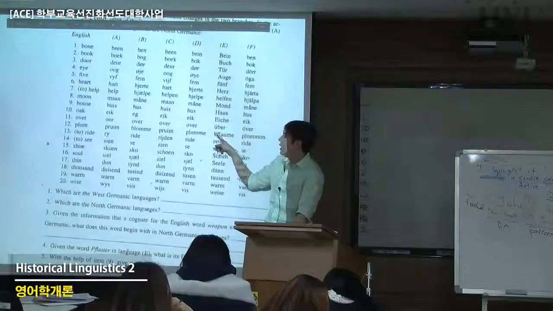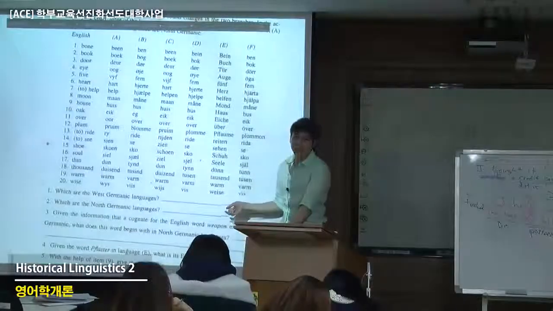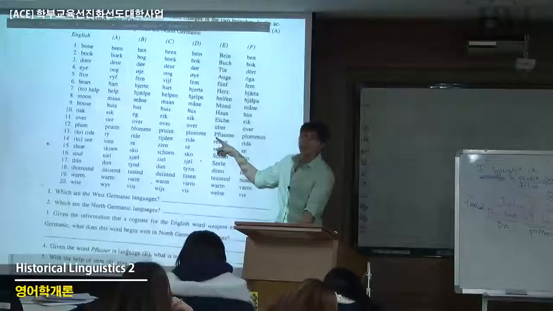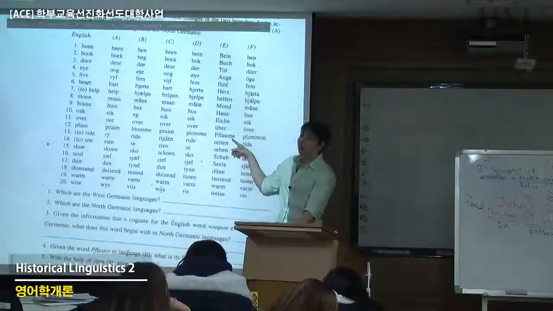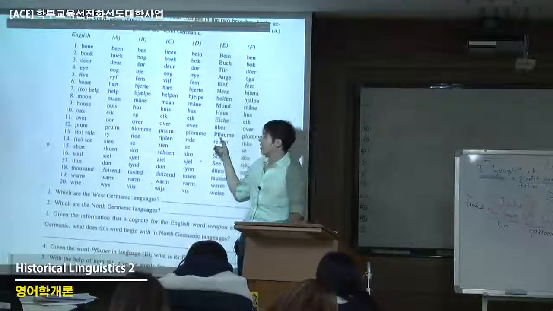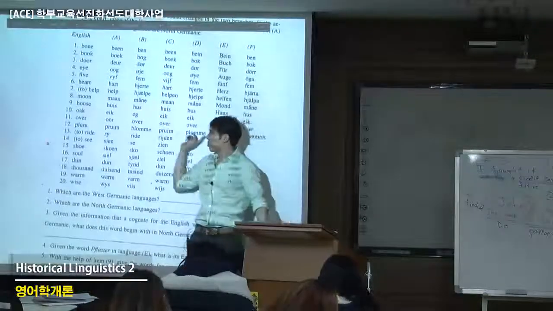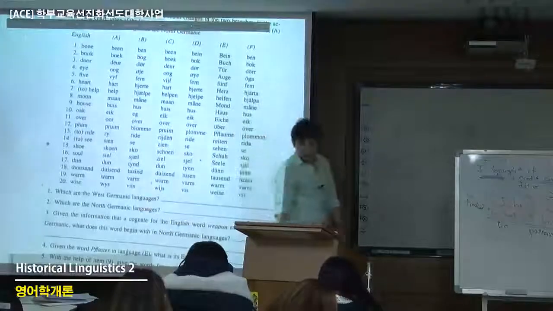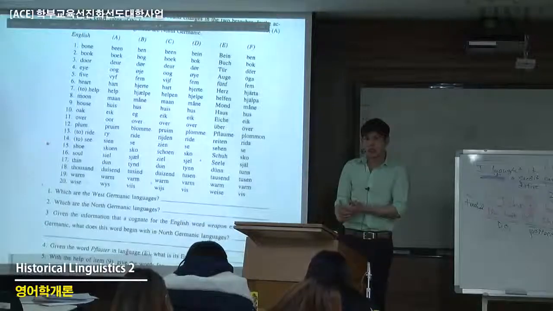So what should it be in English? Because you have one example here that starts with PF, paflame, however it's pronounced. And you have to do the correspondence with English. So what would it be in English? So you can do that question. Okay?